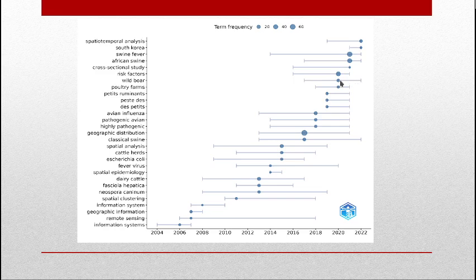So the bubble size indicates the frequency, and the whiskers show for how many years it has been a famous topic.